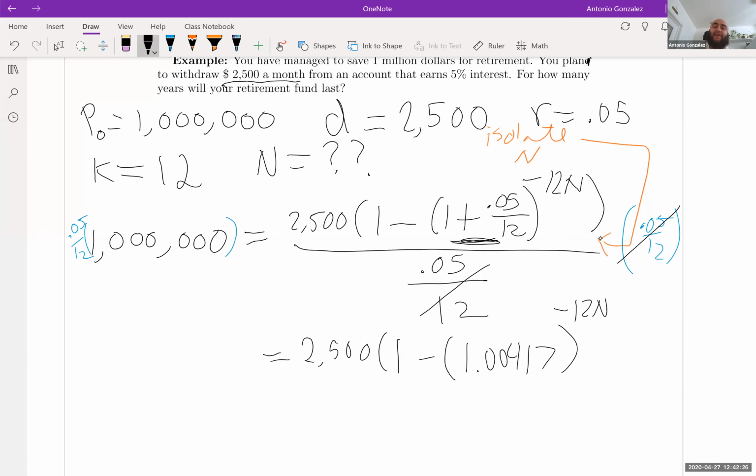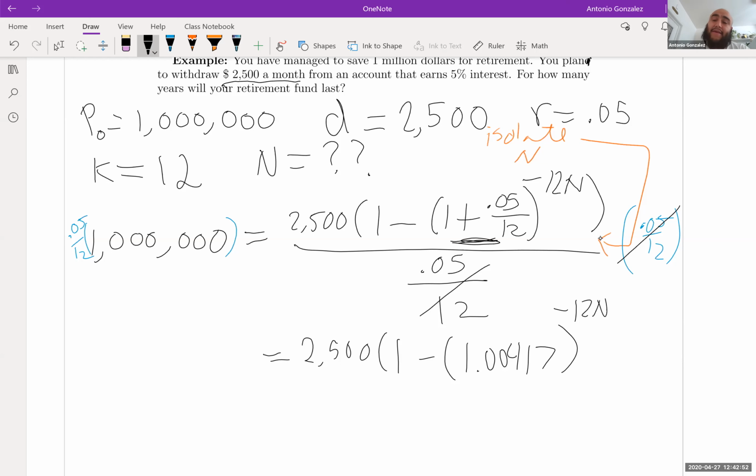I've rounded here. I chose 5 decimal places. Whenever the result is not money, remember, I always choose 2 decimal places for money. Anything else, especially when dealing with small numbers, I like to go at least 4 decimal places out.